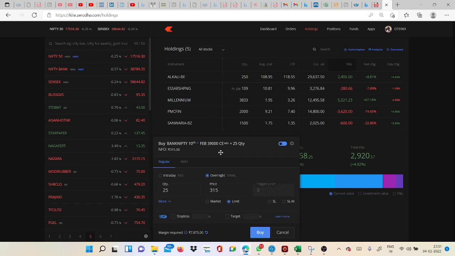Okay, so in that case, the very important thing is the current market price of this Bank Nifty, which is 38,700 something, and now you're looking for 39,000. Sorry, you have an expectation that it may reach 39,000.